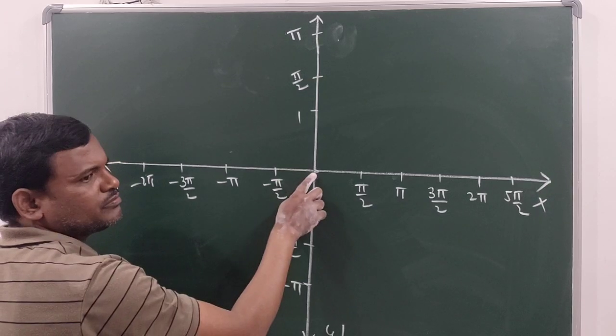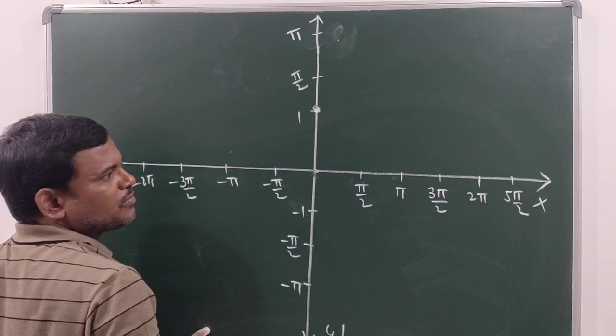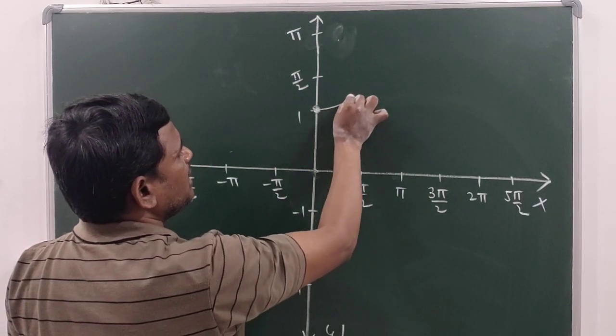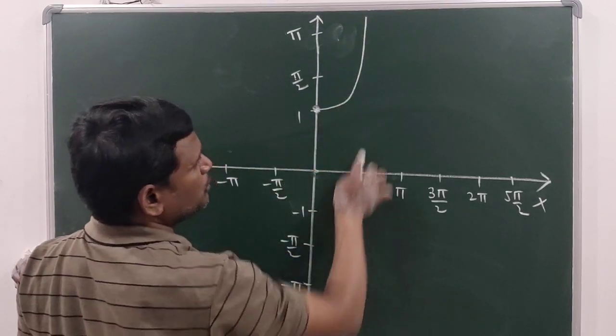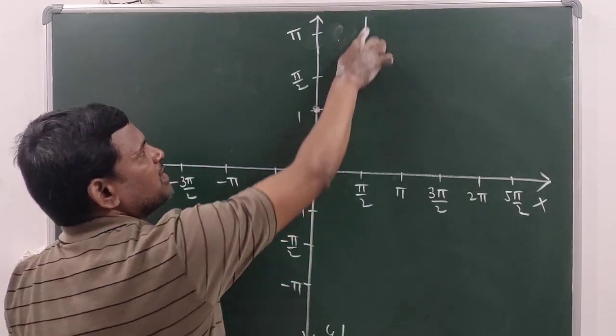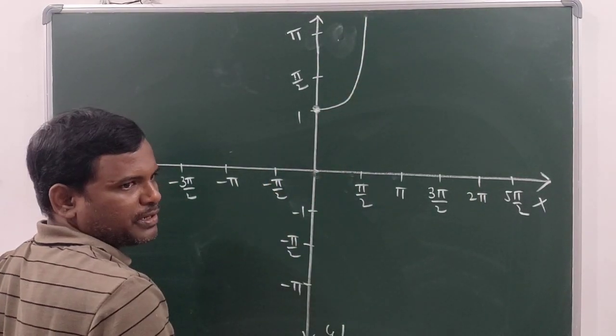When you write 0, the respect to range is 1. Okay. So 0 to 1, 0 to 90 it strictly increases. Like this you will get. Through the 90, if you draw the vertical line, it should not touch. This will be the secant x graph in the interval 0 to pi by 2.